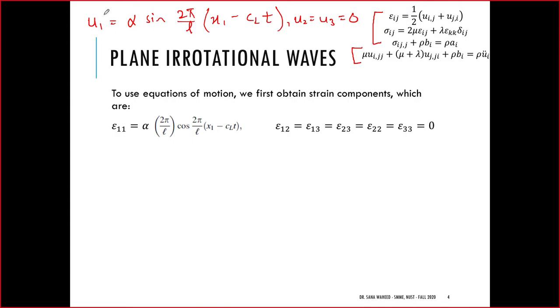That is only the strain component which relates u1 and x1, because only those two have a relationship. Everything else is going to be 0, because just write down the strain tensor and stare at it for a little while, so that you have an idea of what each of those individual terms are.